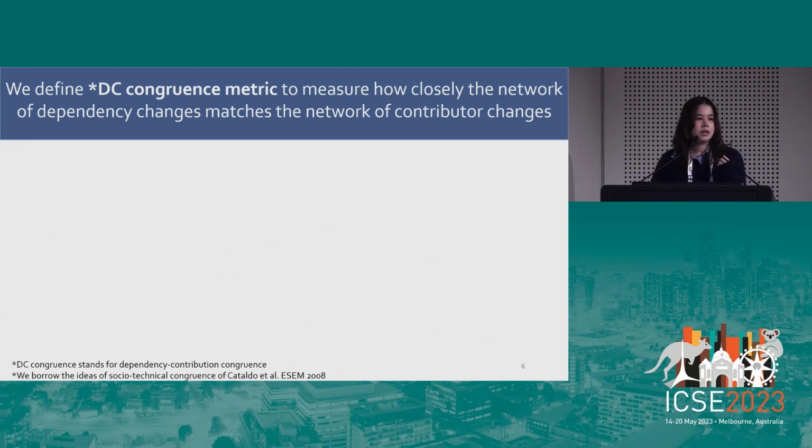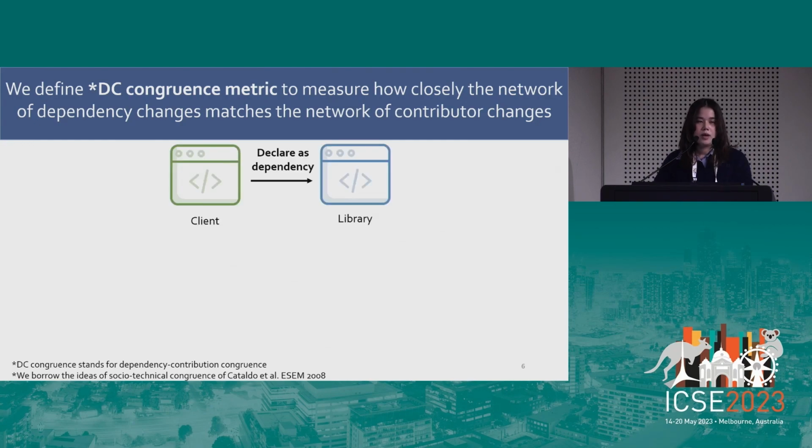To understand this contribution, we borrow the ideas of socio-technical congruence of Cataldo to define the DC congruence metric, or dependency contribution congruence metric, to measure how closely the network of dependency changes matches the network of contributor changes. To calculate the DC congruence metric, we create a dependency network, and we also create the network of contributor changes.